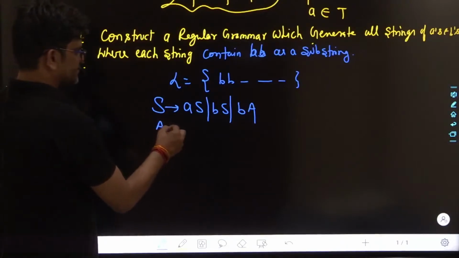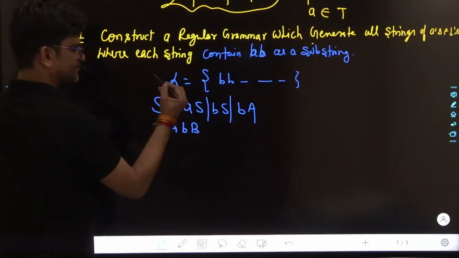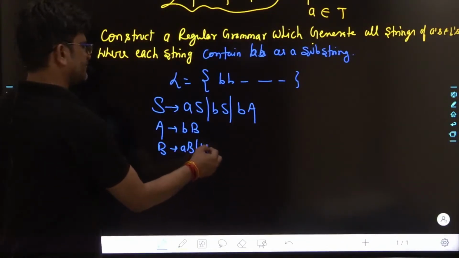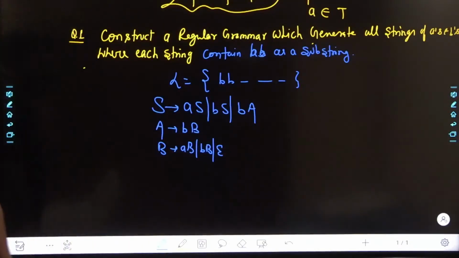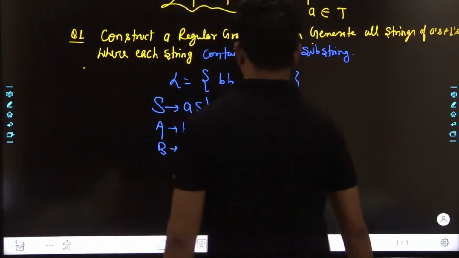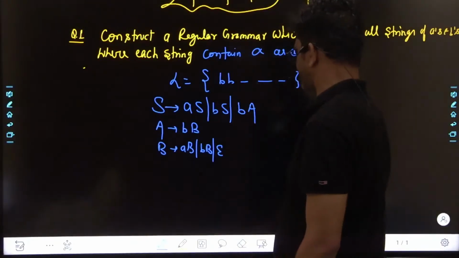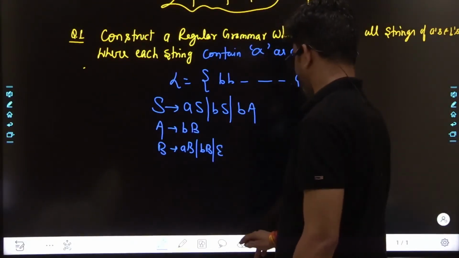So A determines B, another production B. B determines any number of A's, any number of B's, or epsilon. Clear?